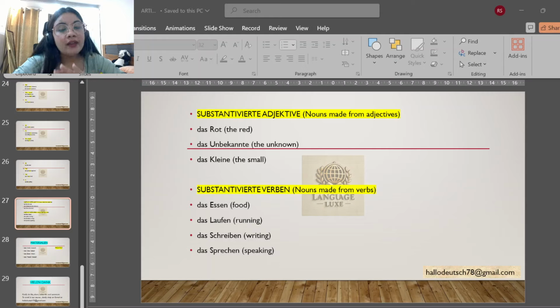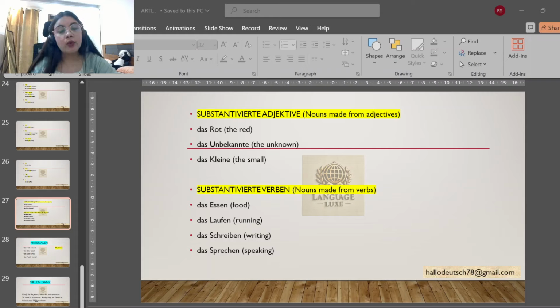So when we make any noun from an adjective, then it will always and always take the das article. For example, rot, R-O-T. That is the color red. Now, it's an adjective.